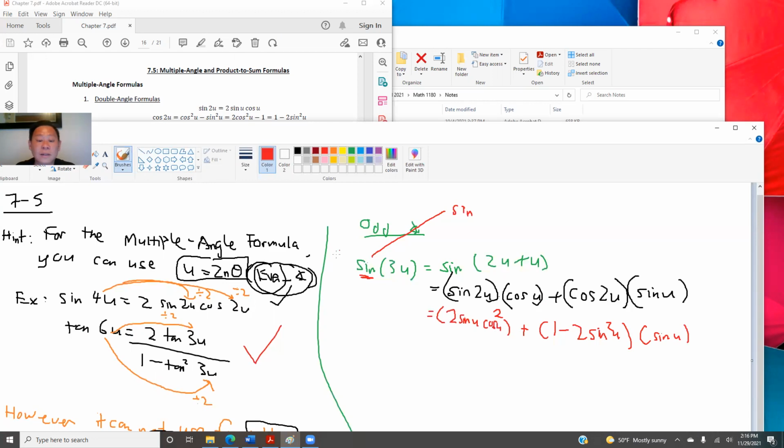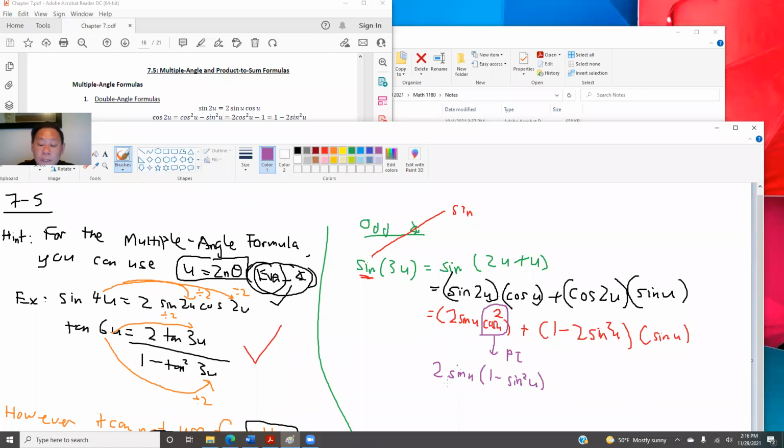So we want everything in terms of sine. When you look at this, one has cosine squared u, so we can use the Pythagorean identity. The Pythagorean identity for cosine squared u is 1 minus sine squared u.